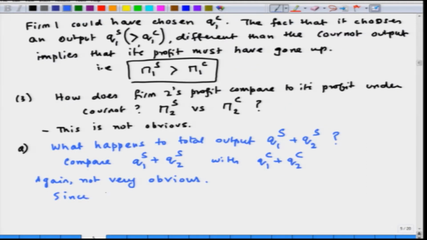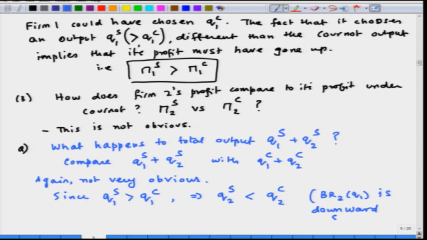Since Q1S is greater than Q1C, and because the best response function for firm 2 is downward sloping, it must mean that the output produced by firm 2 under the Stackelberg model is less than the output that it produces under the Cournot model. Okay. So, this follows directly from the fact that the best response function is downward sloping, right.